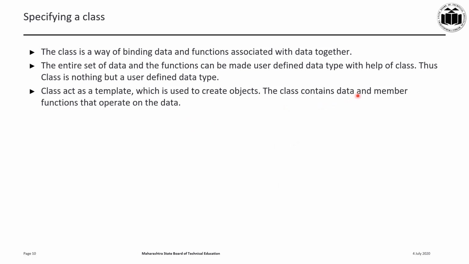So class contains data members and member functions, and member functions operate on the data. For example, class student having data members like student name, student roll number, student percentage, and member functions like get data and show data, which will access the data.